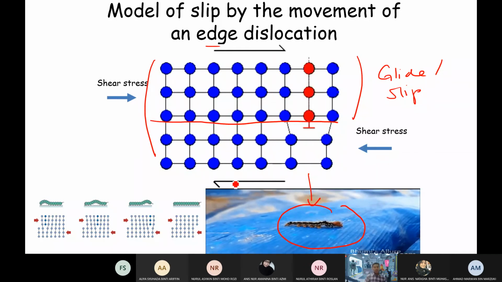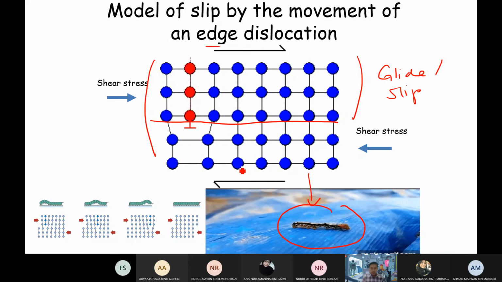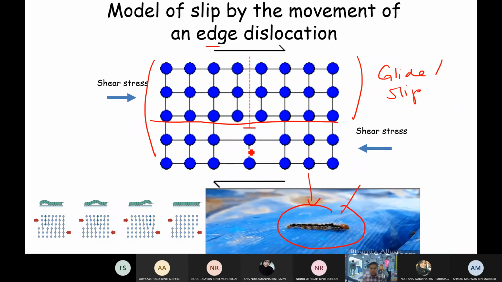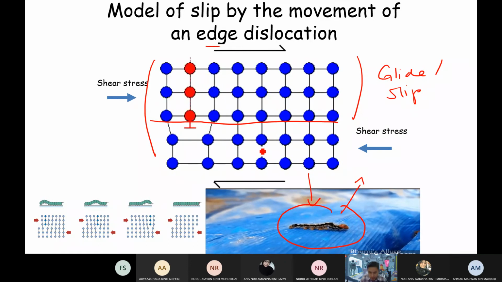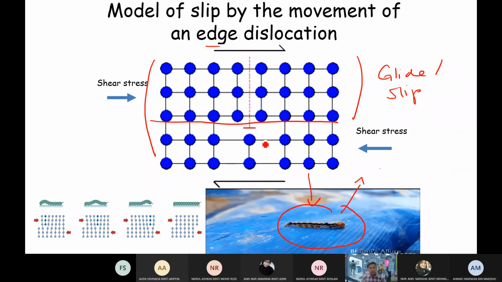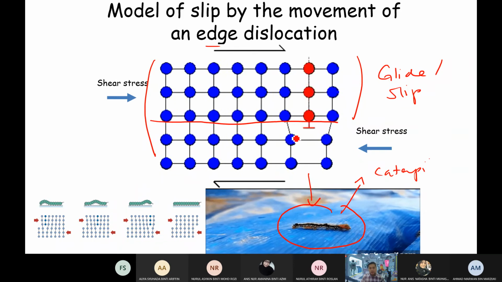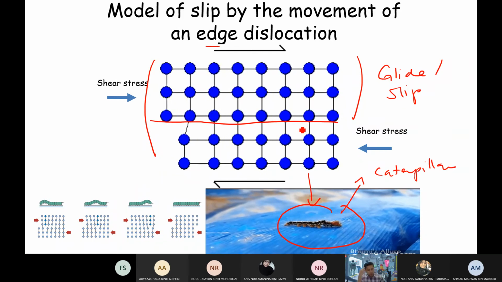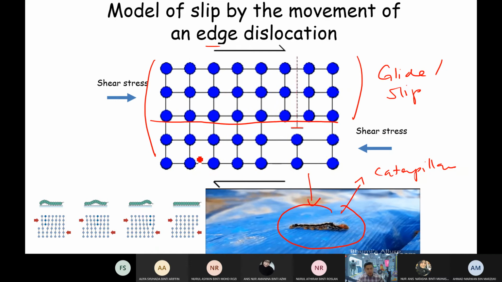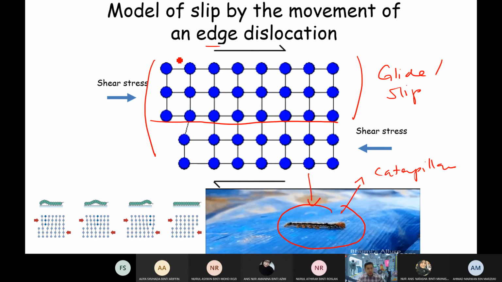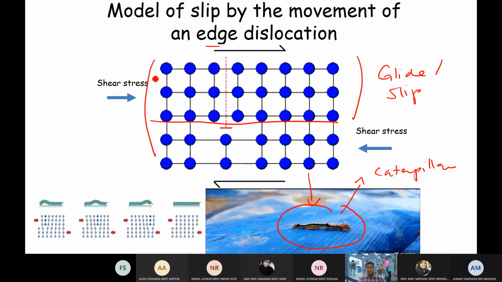Gambar apa ni? What is this? Ni ulat beluncas, ataupun ulat bulu, caterpillar. So we can use the movement of caterpillar as an analogy to the movement of edge dislocation.